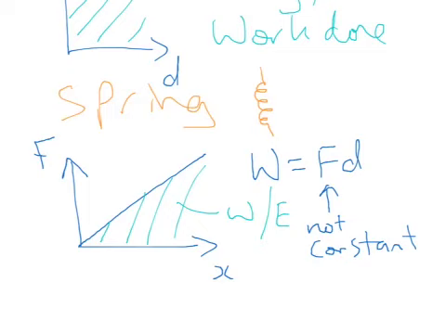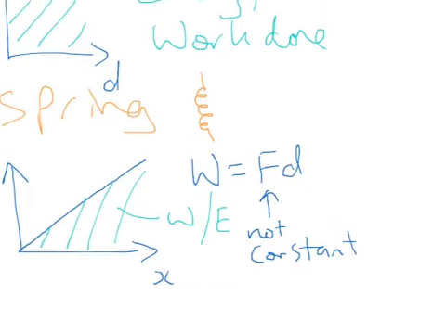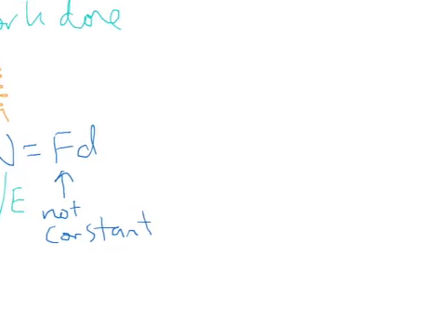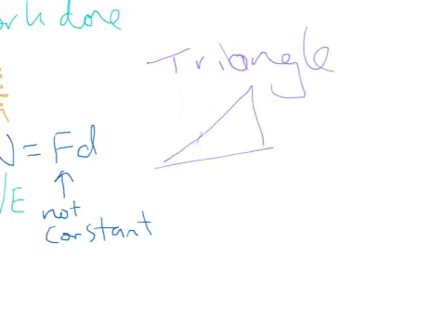So now we find that we have a slightly different formula for the work done or the energy stored in a spring. And let's just come across here to do this. Because it's a triangle, that's the section underneath the graph.